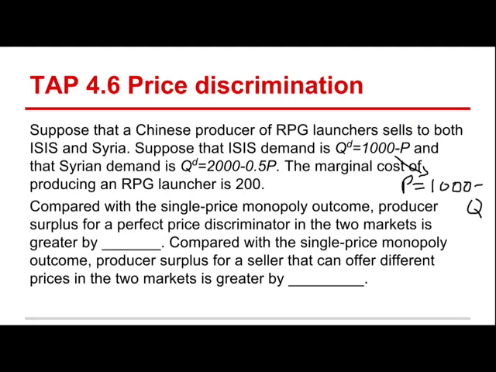There's another way to do it. I guess that's worth showing you. The other way to do that is to realize that Syria's inverse demand curve is 4,000 minus 2Q, and ISIS's demand curve was 1,000 minus Q. If I map the combined demand curve, I'm going to get something like this.